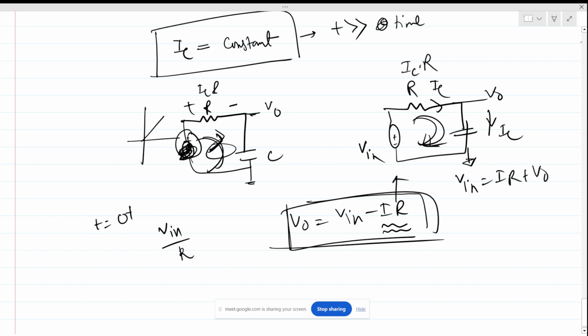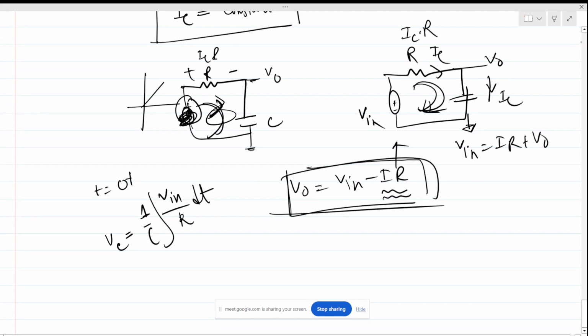And this current is indicating the V C. This is I.